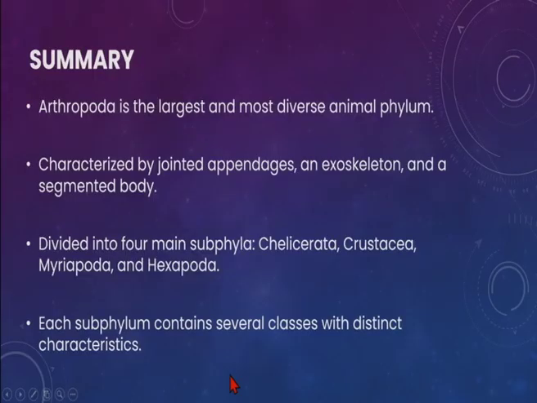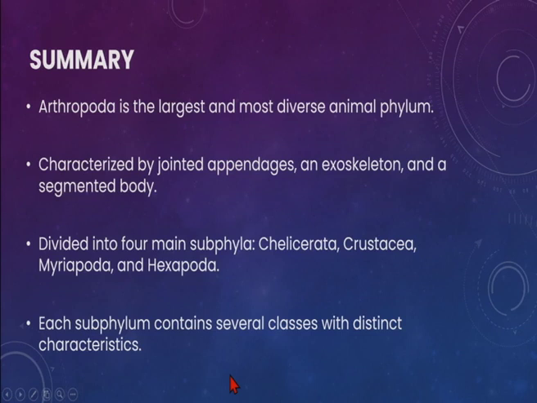So, Arthropoda is the largest and most diverse animal phylum, meaning that among invertebrates, Arthropoda is the largest phylum. Why? Because there are several diversified animals included in this phylum, and it is characterized by jointed appendages, an exoskeleton and a segmented body.